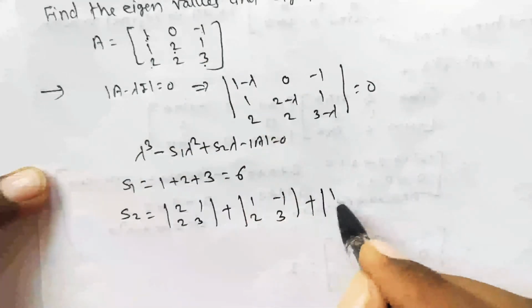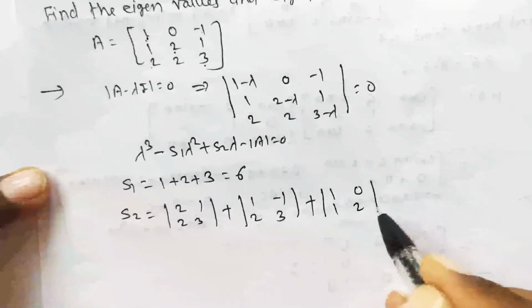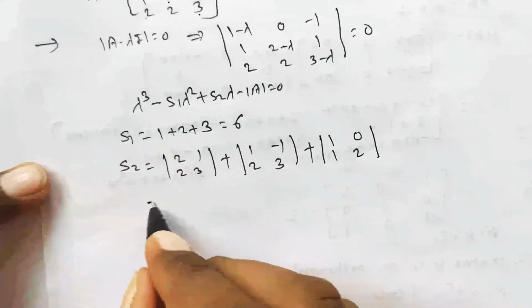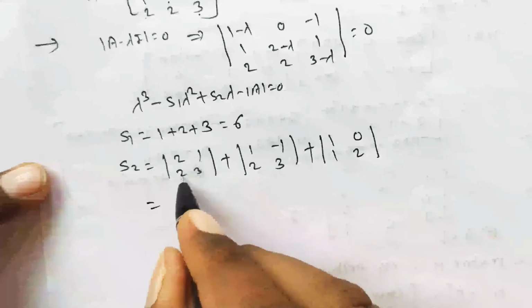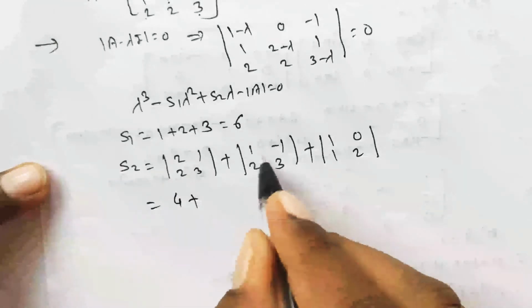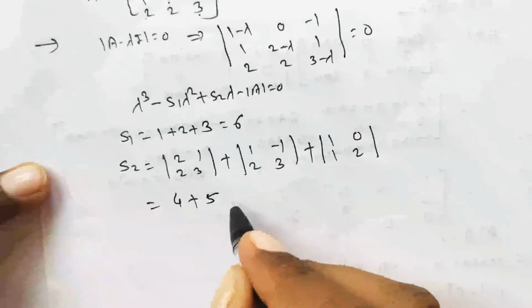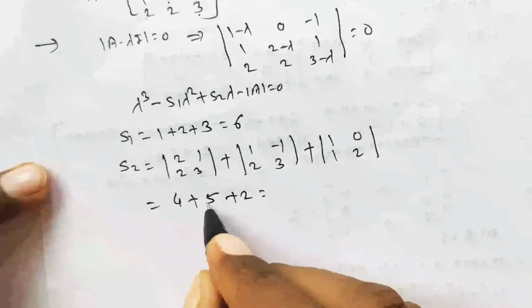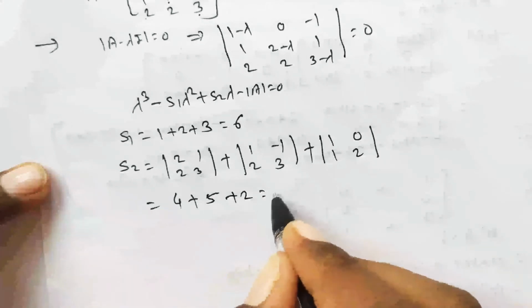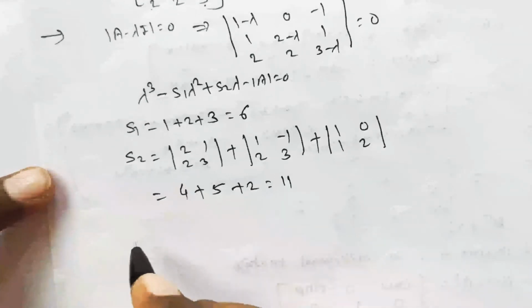Now if we take the expansion of this, that is 3 into 2, 6 minus 2 is 4, plus 3 plus 2 is 5, and here 2 minus 0 is 2. So this is equal to 5 plus 4 is 9, 9 plus 2 is 11. So S2 is equal to 11.